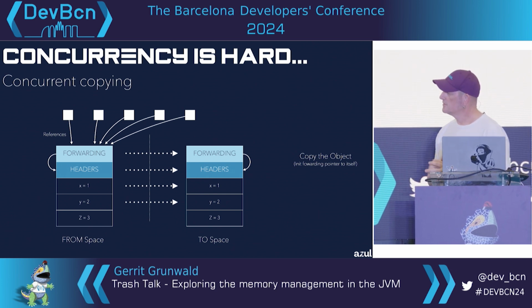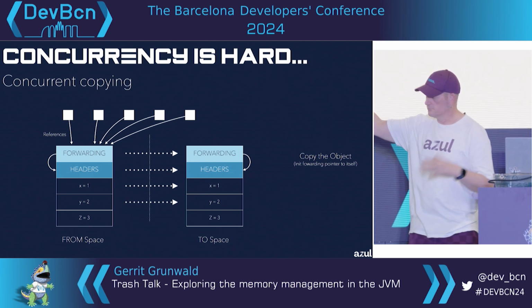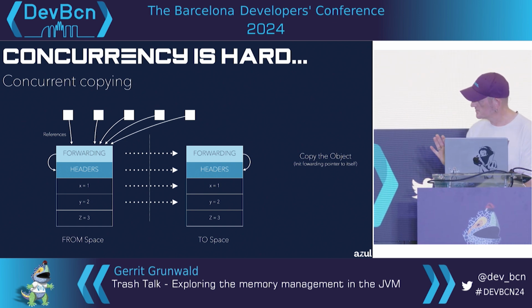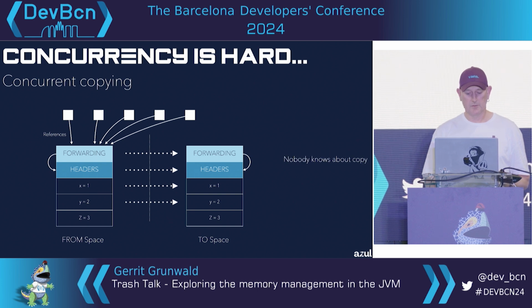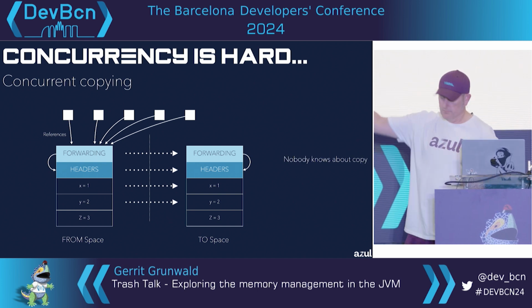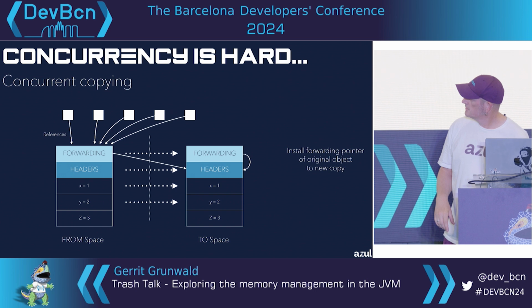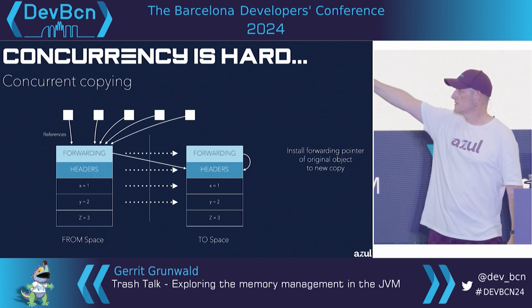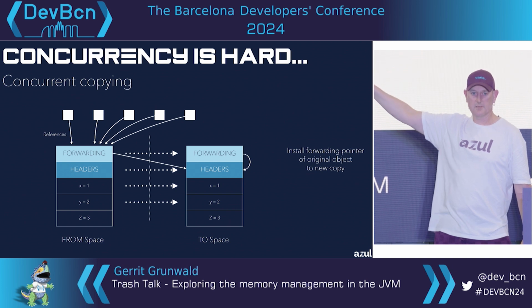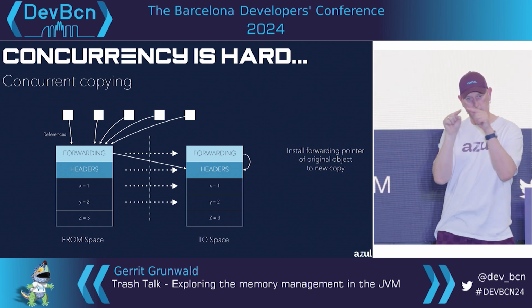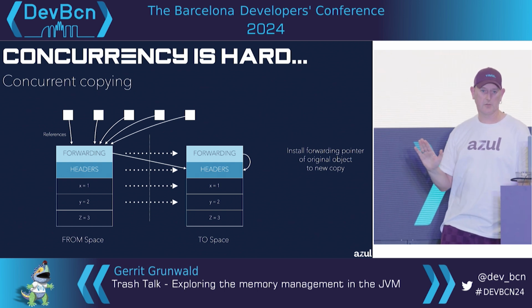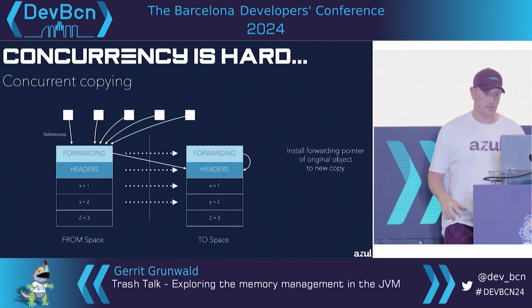Because now, when we copy the object, and we didn't update any references yet, then everything's fine still. And what we now do is, we just point this forwarding pointer to the new header. And for this moment where we do this, we stop the world. But this is so short that we can ignore it. That's the reason why I don't really show it here.